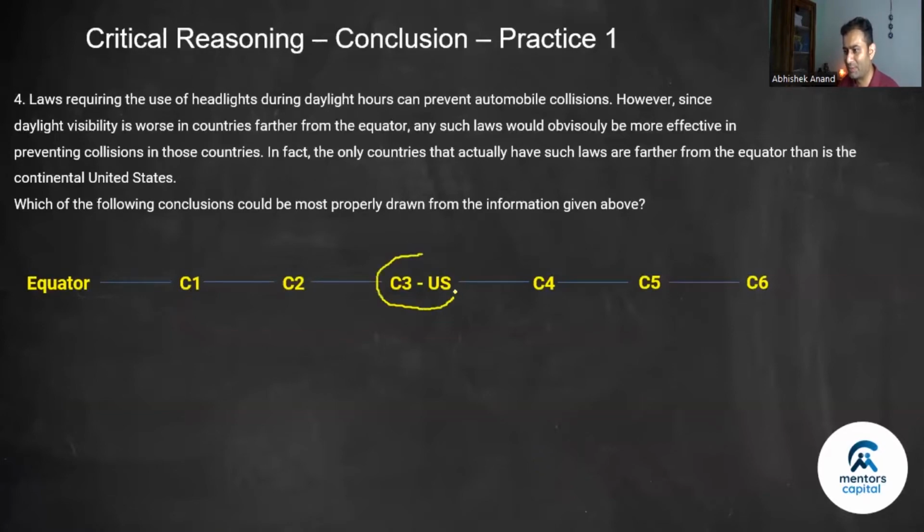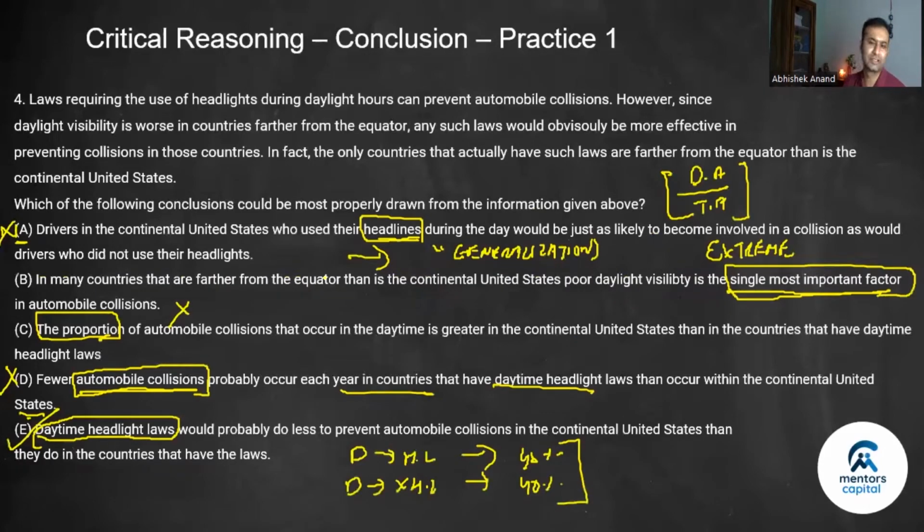So if you were to implement these laws in the US, it is saying it would be less effective as compared to the countries where you have such laws. The countries which have such laws are further away from the equator as compared to the US. So yes, US में अगर ये 5 accident बचा रहा है, यहाँ पे ज़्यादा बचाएगा. This is what they have given to us in the information. So it is paraphrasing what is given to us in the paragraph, and therefore the answer is E.